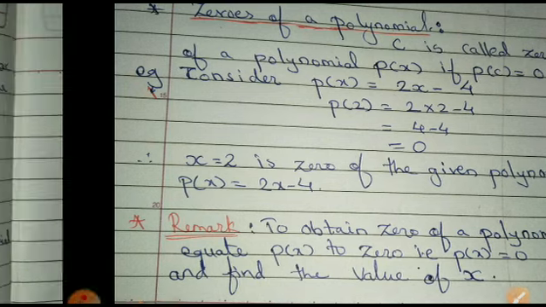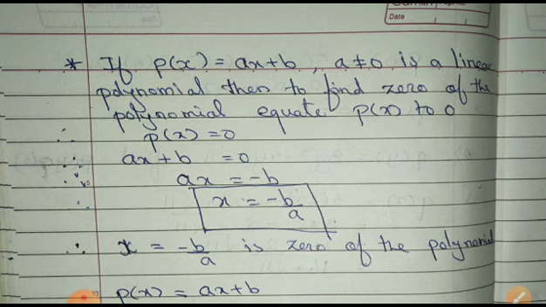That means, suppose I have a polynomial p of x equal to ax plus b, and we are told to find the zero of the polynomial, where a is not equal to 0, that is specified. Because if a is 0, p of x becomes b itself. Okay, so it is not a linear polynomial.